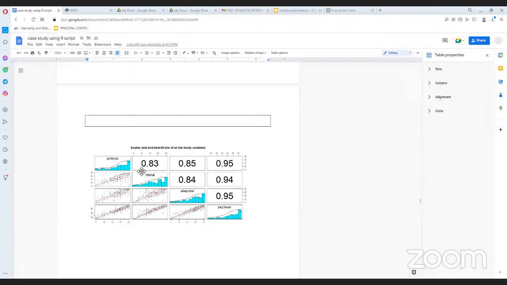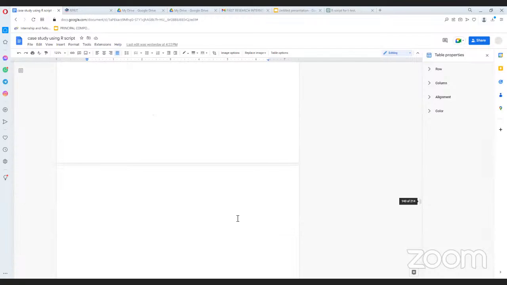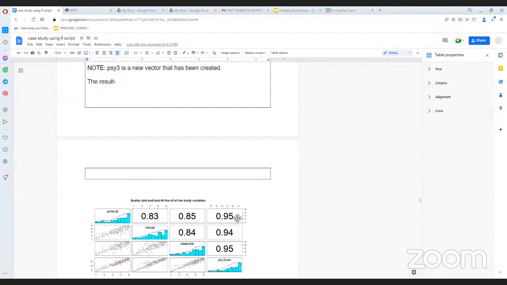After that, I calculated the correlation coefficient of these variables. And you have noted the correlation coefficient is very high, right? Yes, sir, close to +1. That means the highest relationship between the variables.